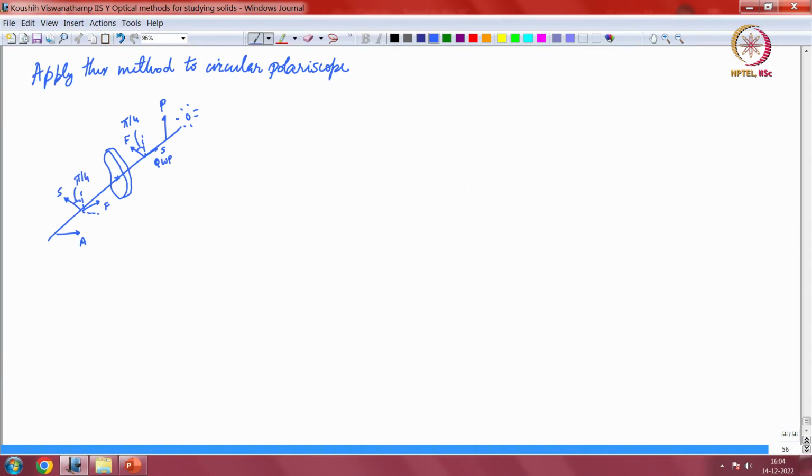So, now it is easy enough to do if you recognize that the final E out is the matrix for the A. Of course, remember the matrix for the A, this was 1 0 0 1, times the matrix for the circular polariscope.